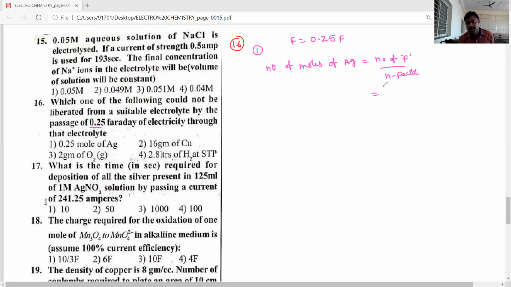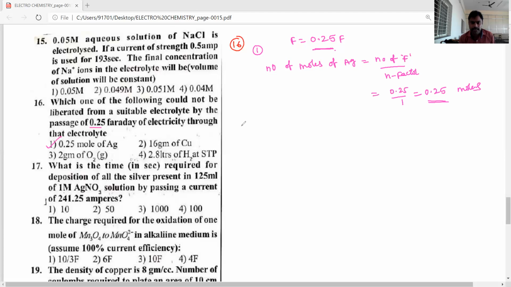The silver ion n factor is 1, so 0.25 by 1 is equal to 0.25 moles. Here 0.25 Faradays of electricity passing produces 0.25 moles of silver. This is a correct statement.